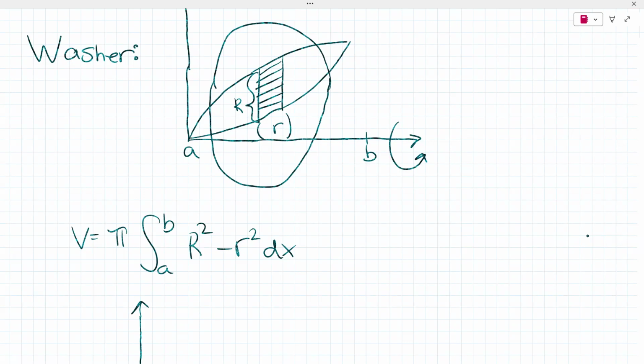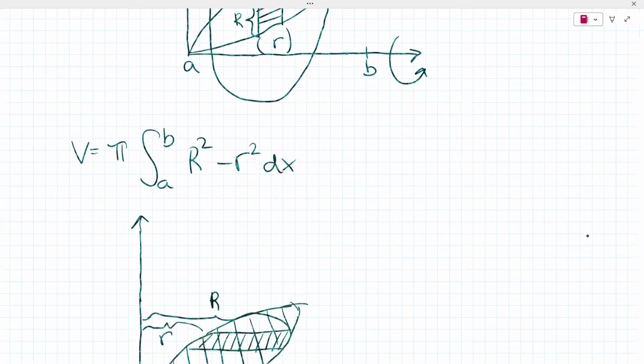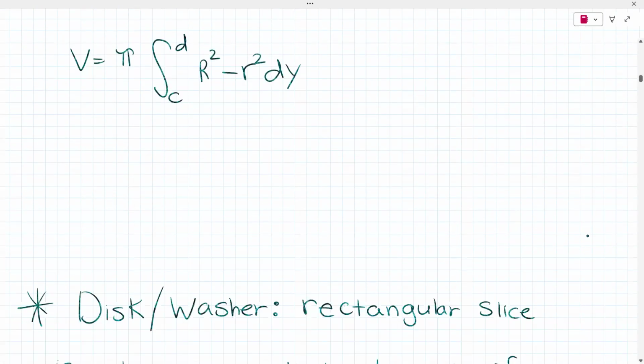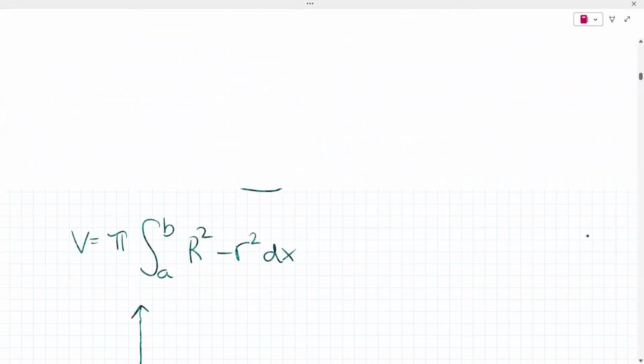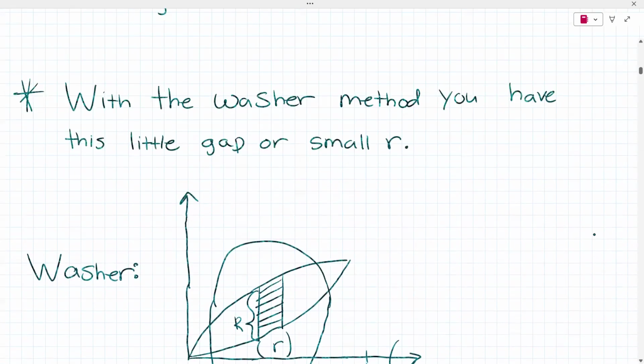So there is a little hole or gap where pieces are being removed. In the washer method, you're creating a solid that has a hole. With the disk method, you have no hole. With the washer method, you have a hole.